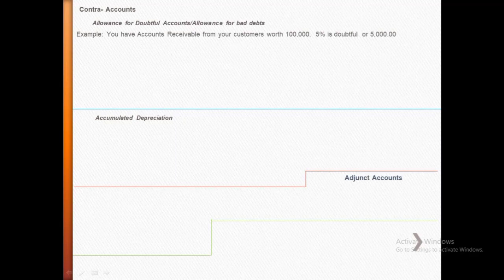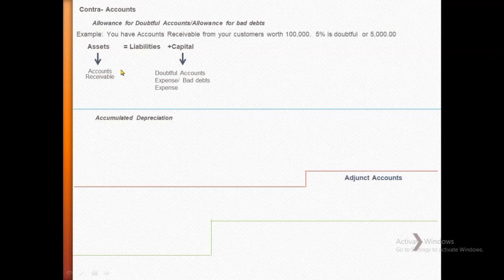I told you in the past video that the effect of this transaction on the A is equal to L plus C is a decrease on the capital due to an expense and of course a decrease in asset. And actually, this expense is what we call the doubtful accounts expense or the bad debts expense. And this decrease in asset is a decrease in the accounts receivable.